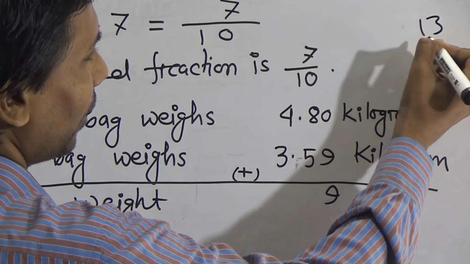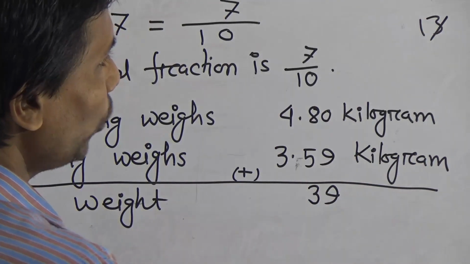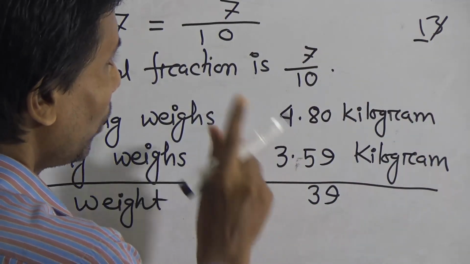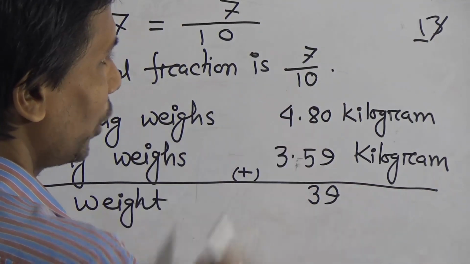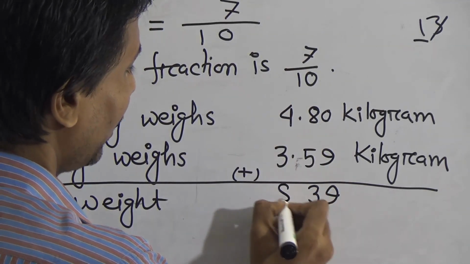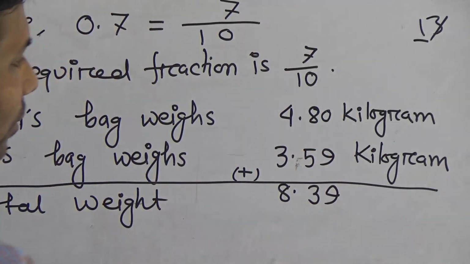Write here this 3, and you have 1 in your hand. Now add this 1 to this 4. That means 4 plus 1 equal to 5, and 5 plus 3 equal to 8. Write here 8. And the decimal point. Write here kilogram.